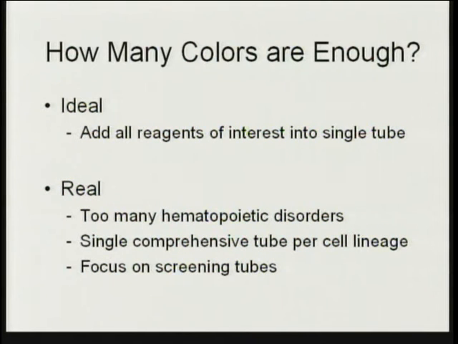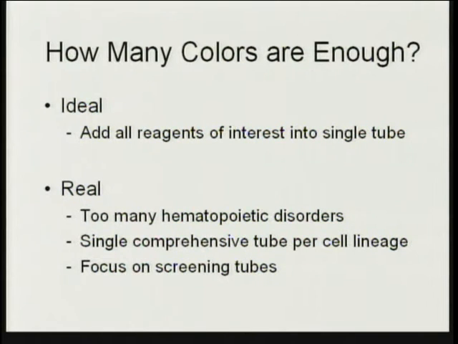So what's probably more realistic is to look at each of the different lineages that we normally evaluate, because our approach here is to look at normal maturational patterns, which are often lineage associated or relatively lineage specific, and design combinations of reagents that are relatively comprehensive to identify the presence of an abnormal population of cells for that lineage, but may not allow its classification to the nth degree without the use of a secondary panel.